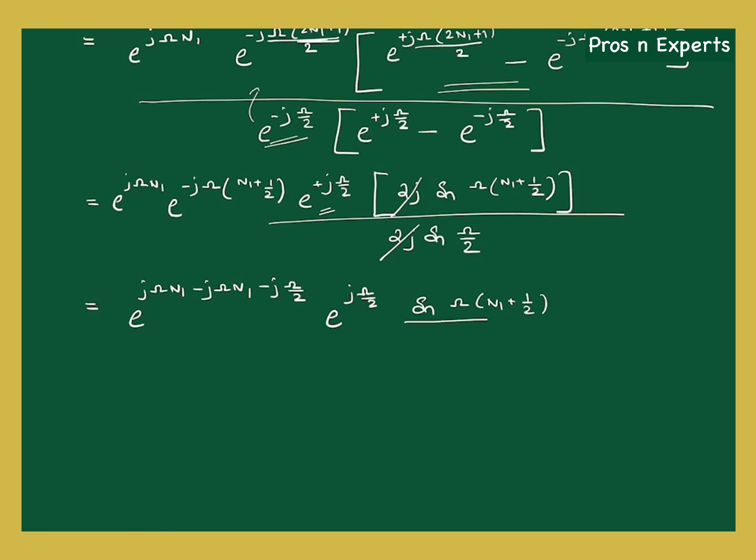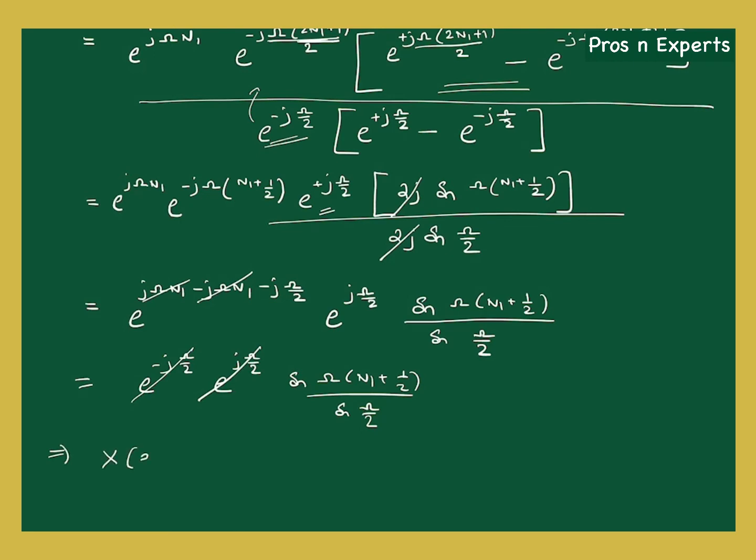We cannot do anything further. Divide by sine omega by 2. You can cancel these terms. So here it is e raised to minus j omega by 2 into e raised to plus j omega by 2 into sine omega into n1 plus half by sine omega by 2. You can cancel these. So the final answer is, the DTFT of that signal is equal to the ratio of sine omega into n1 plus half divided by sine omega by 2. This is the final answer.